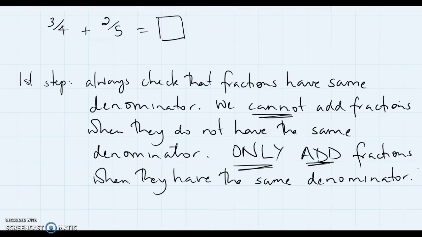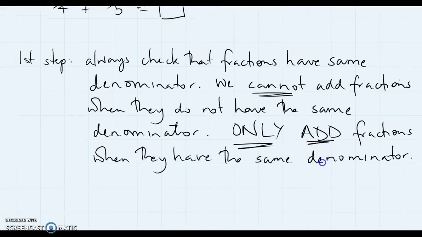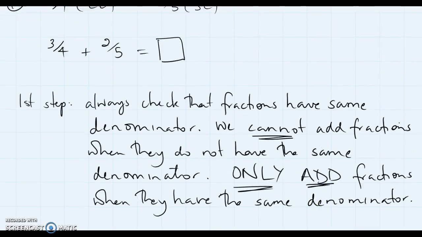Okay, so let's go back to our problem. 3/4 plus 2/5. We cannot add those straight away. We need to change 3/4 plus 2/5 into fractions that have the same denominator. So we need to find the common denominator.